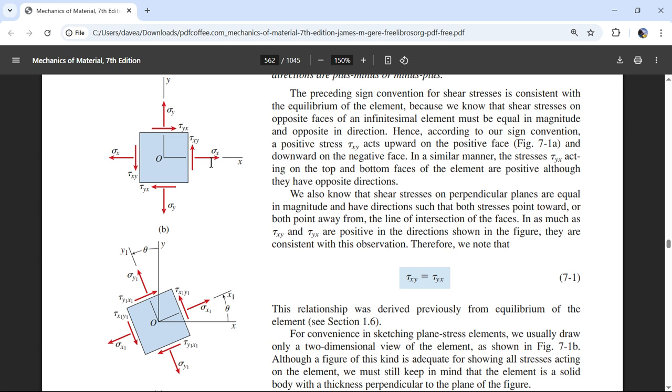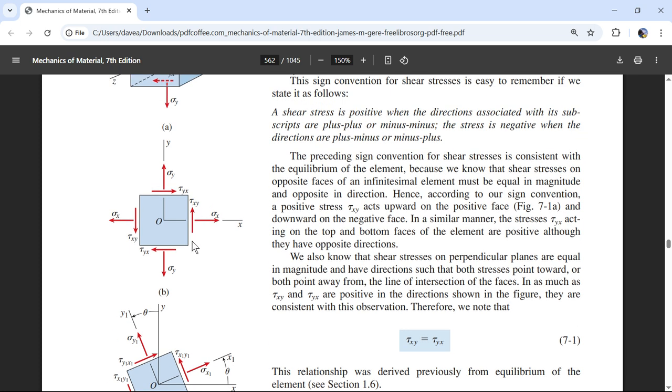So the convention on this is that if this is a positive x face, this is how you read this shear stress: this shear stress is on the positive x face and is in the positive y direction. This one, they don't spell it out. I would write this tau negative x negative y, you know what I mean?